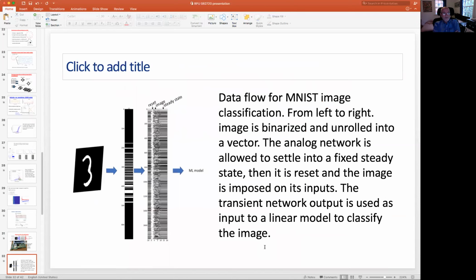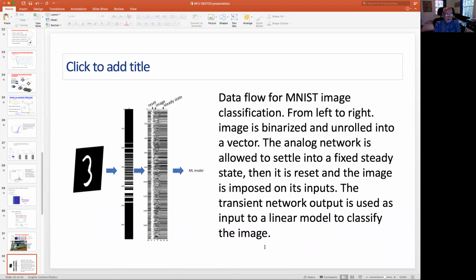So just a little bit deeper about how the data flow happened for this particular case. We took the MNIST images and we thresholded them into binary images. So here's an example of a handwritten number 3. We took the 2D image and we unrolled it into a 1D binary vector, about 700 long.